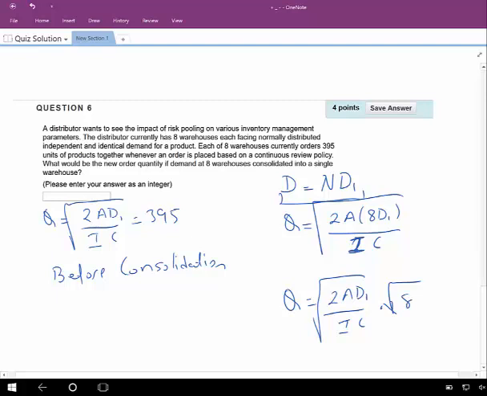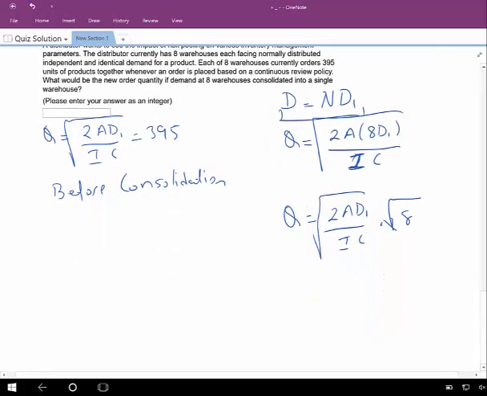I just separated it, so I need to multiply by the square root of 8. In that case, my Q is 395 times square root of 8, and that turns out to be 1117.